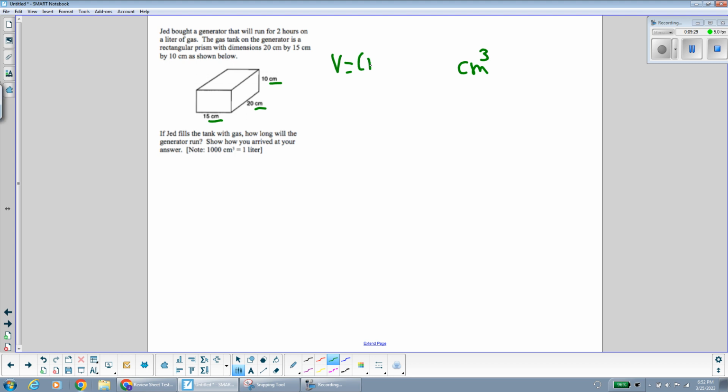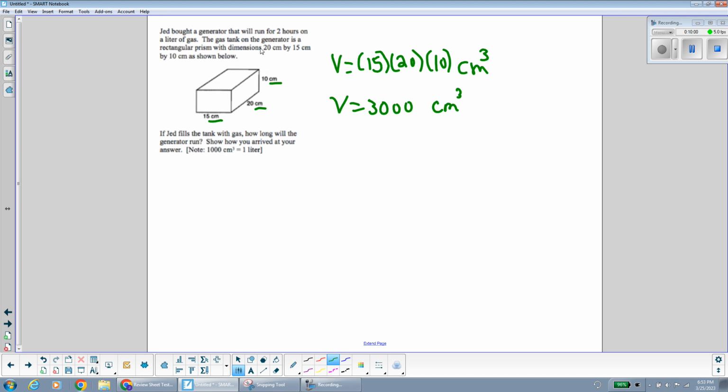So what I'm really going to have here is length times width times height. That's going to be the area of the base times the height. In my calculator, I'm doing 15 times 20 times 10. And I got that that is 3,000 cubic centimeters. Okay, so now I know how much gas can go inside of this tank.